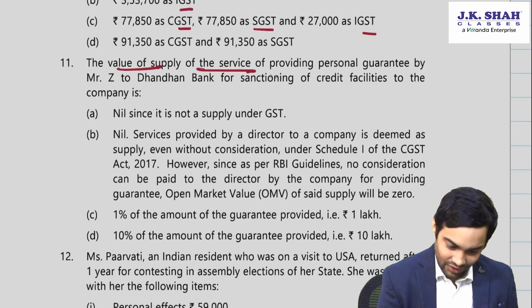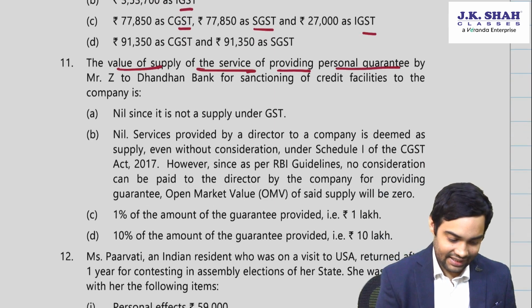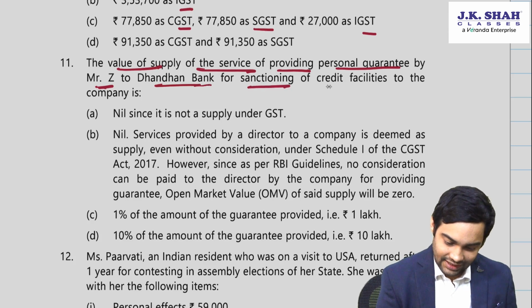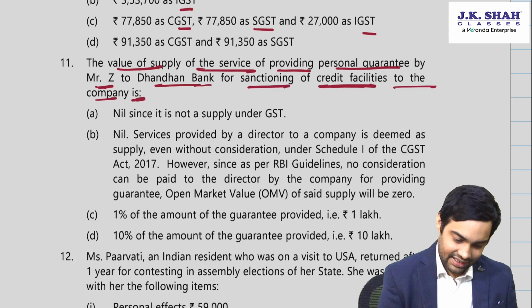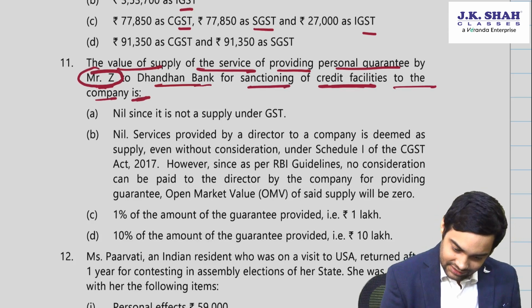Then the value of supply of services of providing personal guarantee by Mr. Z to Dhan Bank for sanctioning of credit facilities to the company is. Now Mr. Z is giving a personal guarantee.